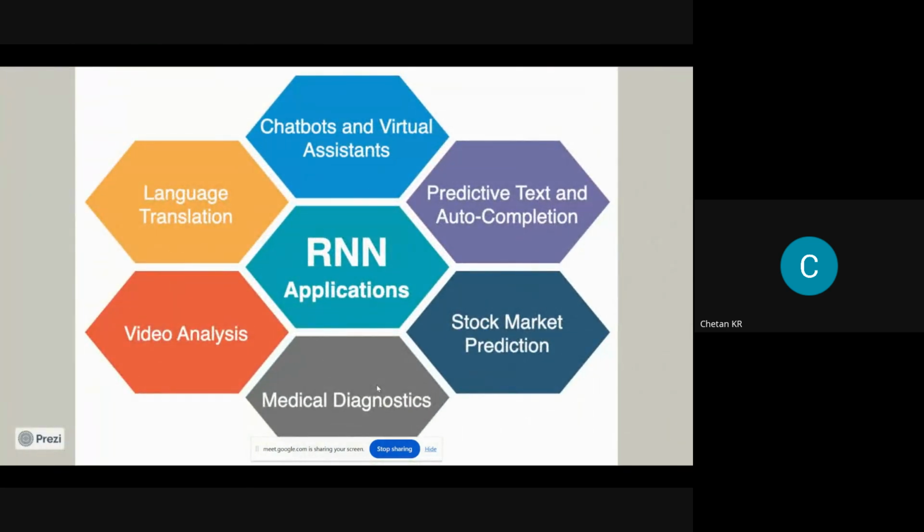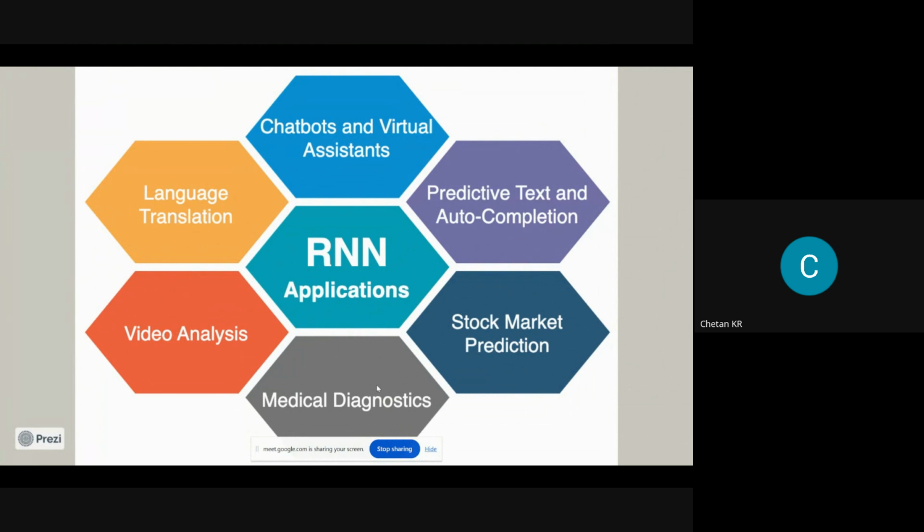There are a lot of applications of RNN. Basically the chatbots and virtual assistants we design need RNN. Then auto completion: in email, you type something and automatically something gets completed. Auto completion or predictive text applications. In finance, if you take the stock market, you want to predict how the share prices will be. So we can use this anywhere time series analysis is there.